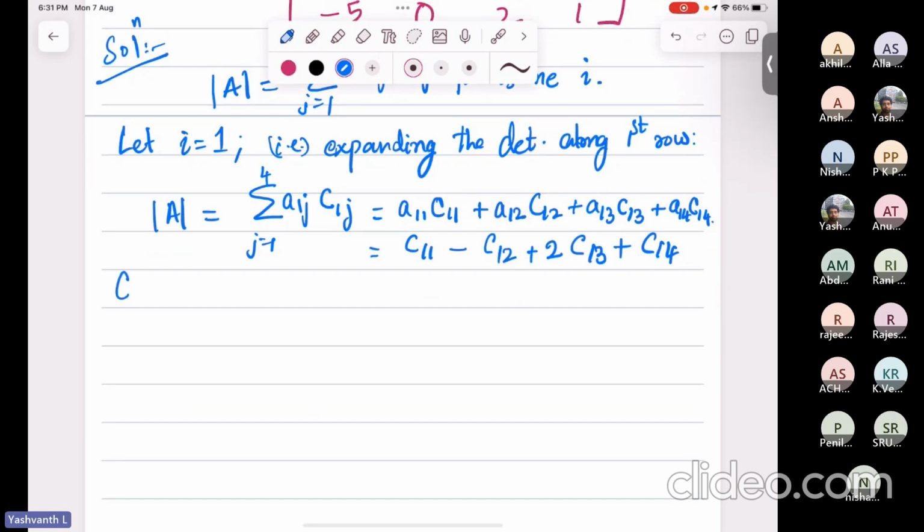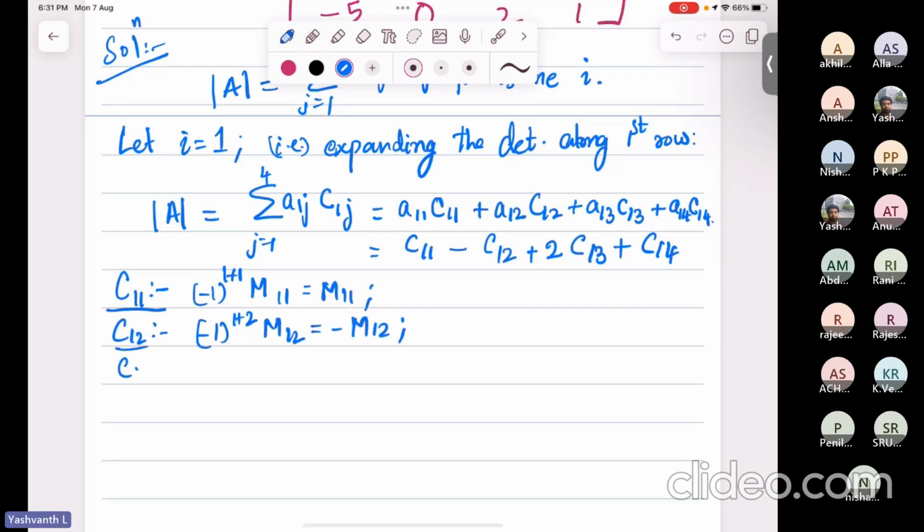Now how to compute c11? That's minus 1 power 1 plus 1 times M11, which is equal to M11. Similarly, c12 is minus 1 power 1 plus 2 times M12, equal to minus M12. c13 is minus 1 power 1 plus 3 times M13, equal to M13. c14 is minus 1 power 1 plus 4 times M14, equal to minus M14.